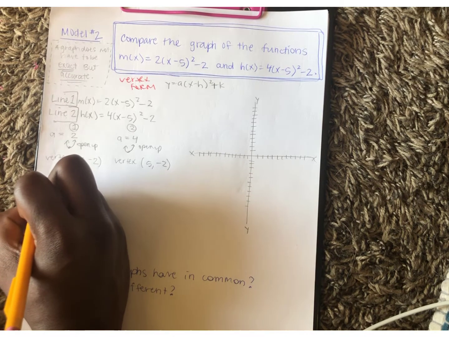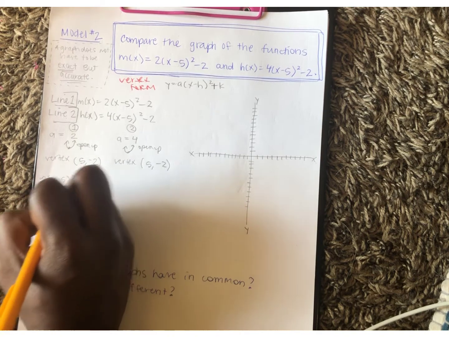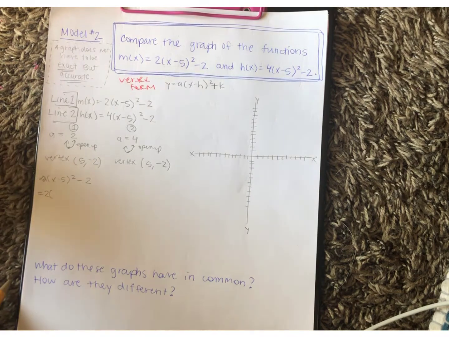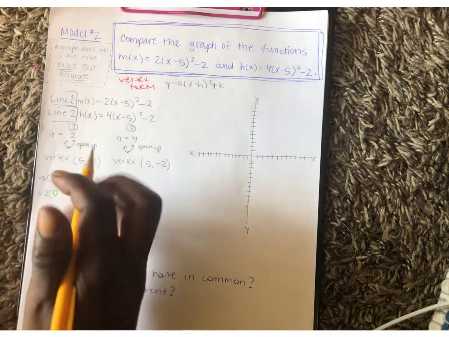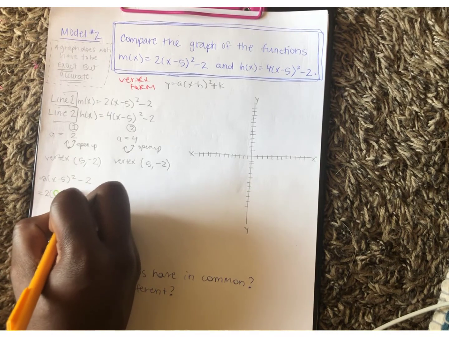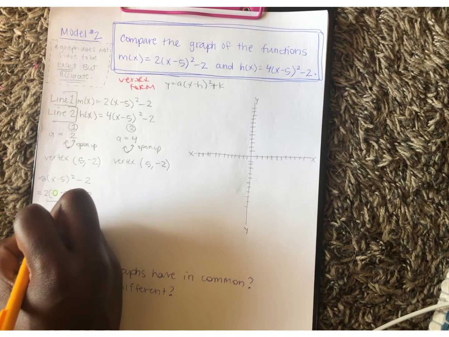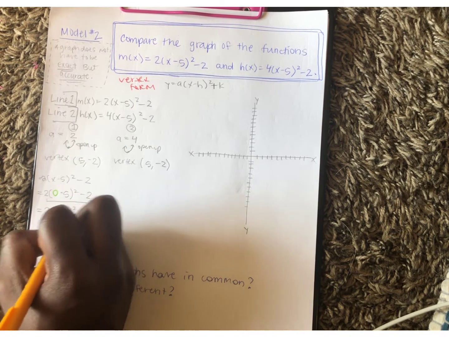So I have line 2. I'm going to turn this x to 0. We're using the same strategy from the beginning video, so you should have that up. I'm actually going to write that first.